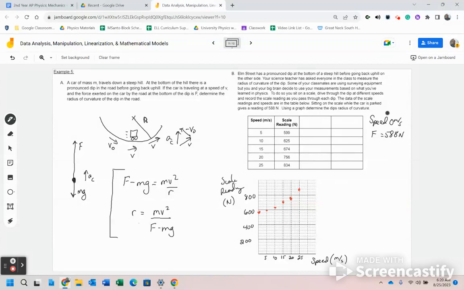This is important because the force exerted up and the force of the earth are balanced. So F would equal mg, and we can determine the mass of the car, F divided by g. Using 9.81, we have 588 newtons divided by 9.81 newtons per kilogram. We find that the mass is approximately 60 kilograms.